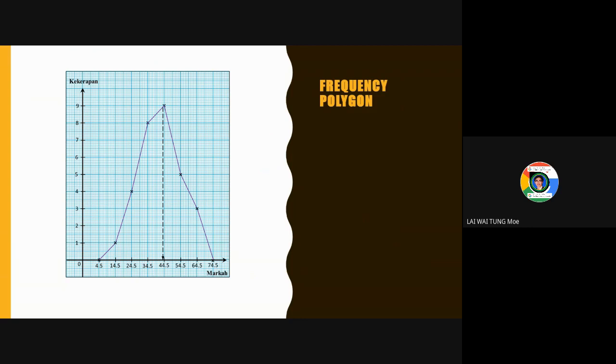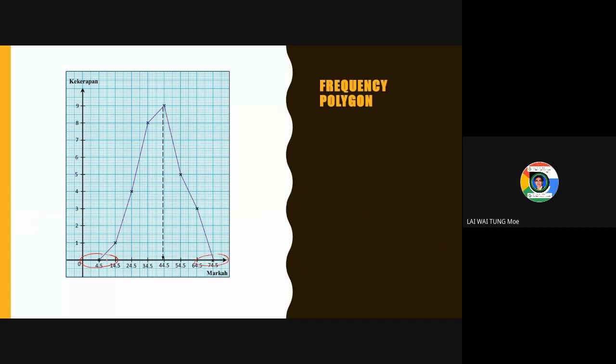And for frequency polygon, I want to highlight something, which is this one and this one. Meaning, if the question didn't give you a class interval with the frequency 0, you need to find it yourself.